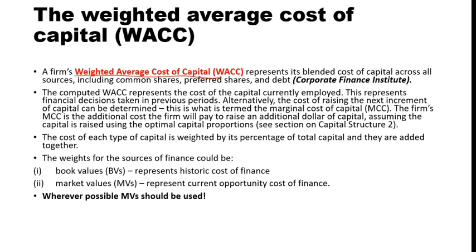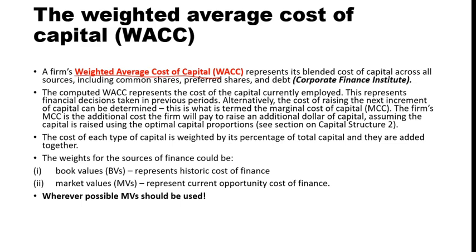You don't have to worry about the section on capital structure. On capital structure 2, we're going to touch on that section in the next video. The cost of each type of capital is weighted by its percentage of total capital and they are added together.